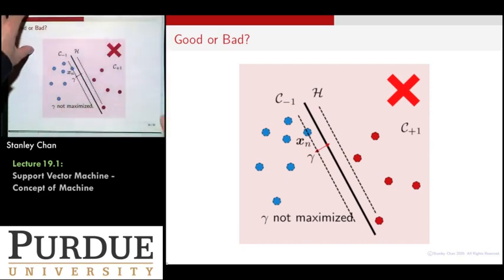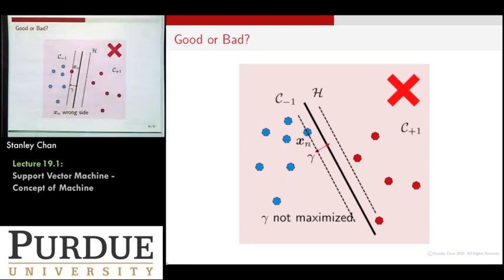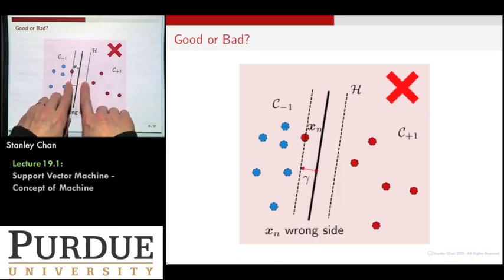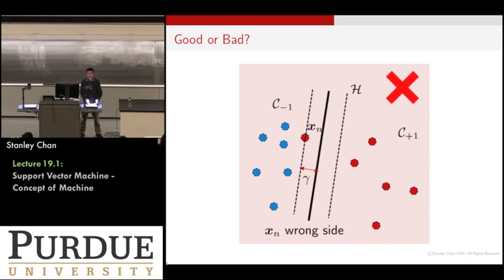Now, how about the constraint? What will happen if I violate the constraint? This is an example. Your margin is somewhat big. However, in this case, one data point is sitting on the other side. Then this is not a support vector machine solution because your constraint set is violated.